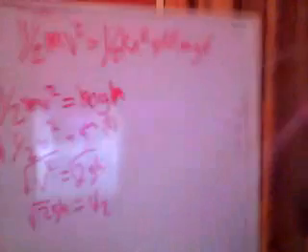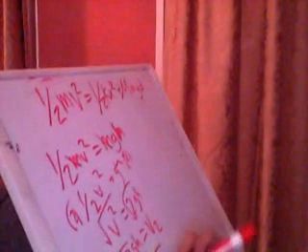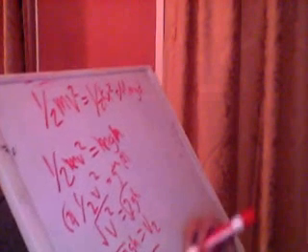Now gravity is given as 10, so you're going to plug it in. It's going to be the square root of 2 times 10, and the height is already given as 5. So you're going to have the square root of 100 for v2. Let me show you right there.